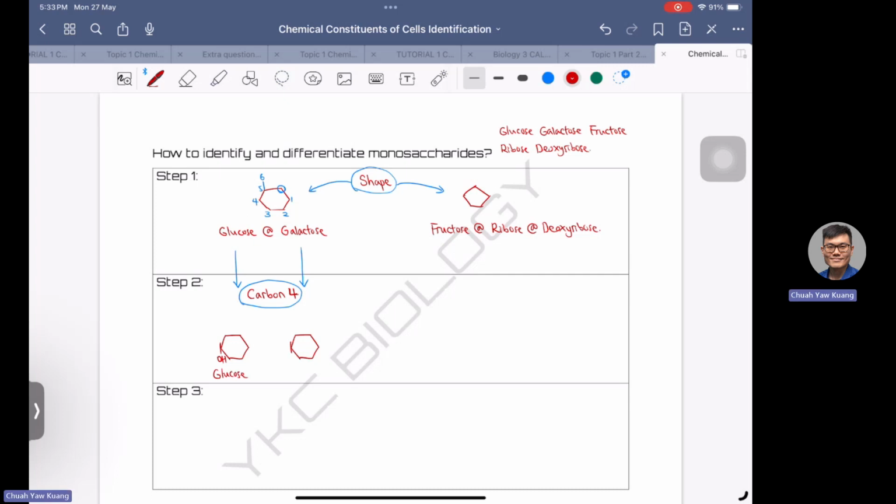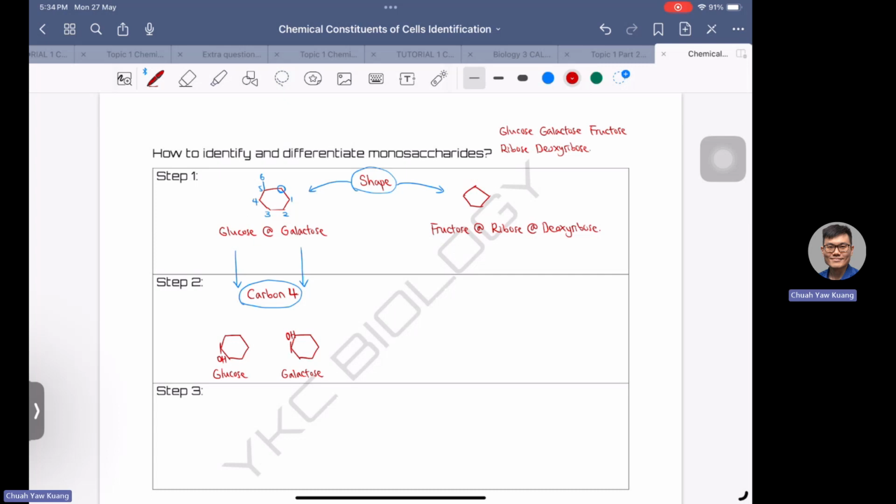If at carbon number 4 the OH group is at the upper plane, then this is a galactose. So that is step number 2.